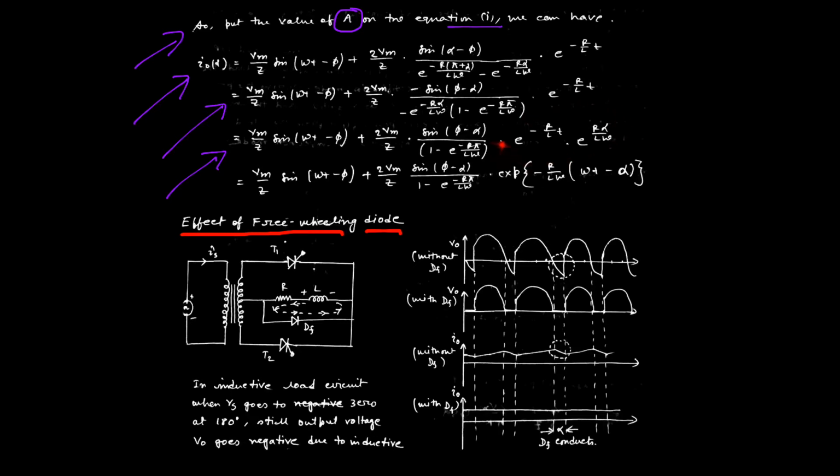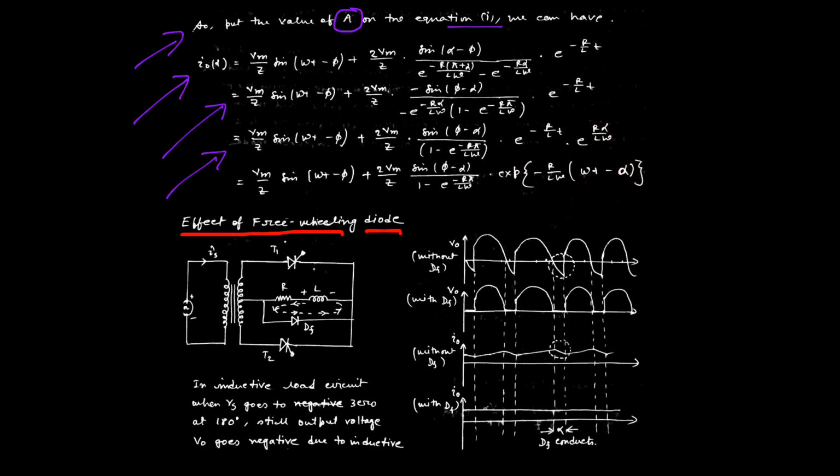are going to express the total thing in a particular exponential term. That is why I have taken this part with a positive sign here. So ultimately, from these two parts we can write the expression exp of minus R by L omega into (omega t minus alpha). Okay, this is the term which is taken out from this one.